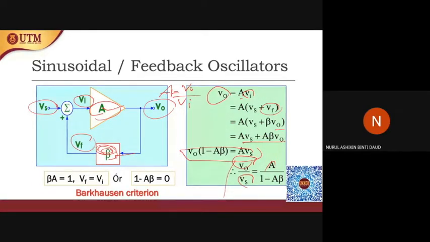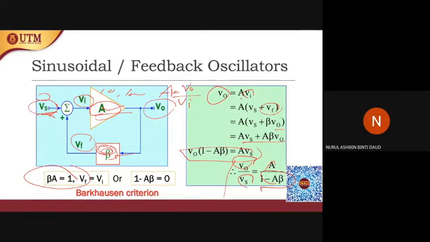Usually, BA is equal to 1. For an oscillator, when the Vs value is equal to 0, and A is a real finite number, for example 10, or usually hundreds, like 100, therefore you will get 1 minus AB equal to 0.